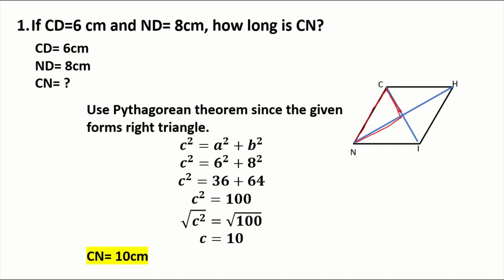Ayan. So, this is the right angle. Ayan. So, meron na tayong right triangle. So, as you can see, this one is 6. This one is 8. So, ano kaya ang measure nitong mas mahaba?